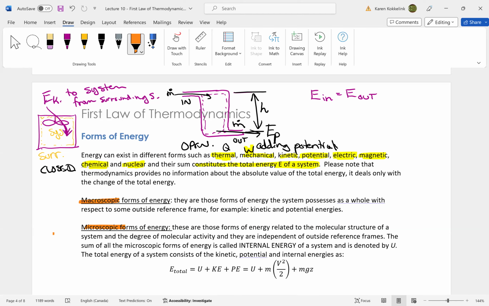The microscopic forms are those related to the fluid sitting inside the system. They relate to the molecular structure of the system, the amount of activity it has. When you add some heat to a system, it's going to change the internal energy of that fluid, for example. The internal energy of that system is denoted by U.